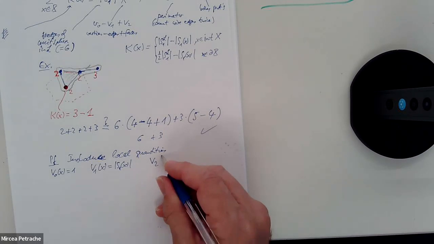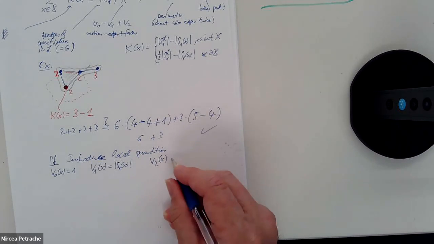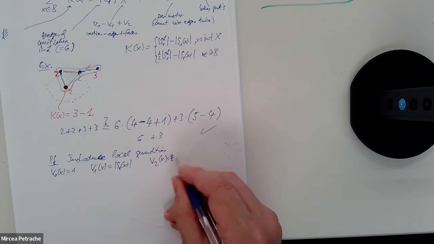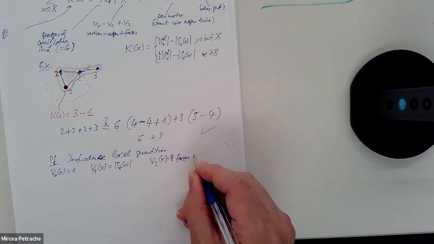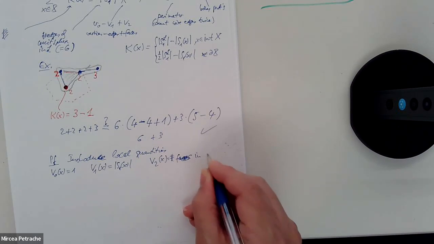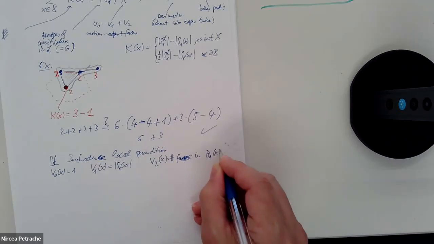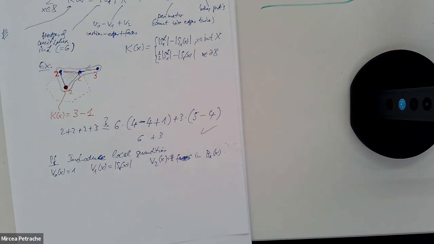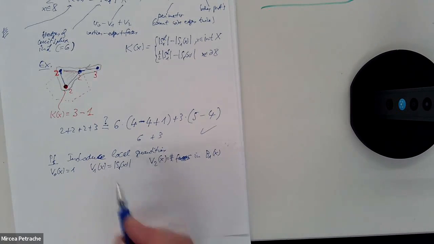Okay, and then the V2 of x we also need, so it's the number of faces in the ball of radius 1 of x. Basically this is a 0-dimensional thing, that's a 1-dimensional thing, that's a 2-dimensional thing. So these are local quantities.